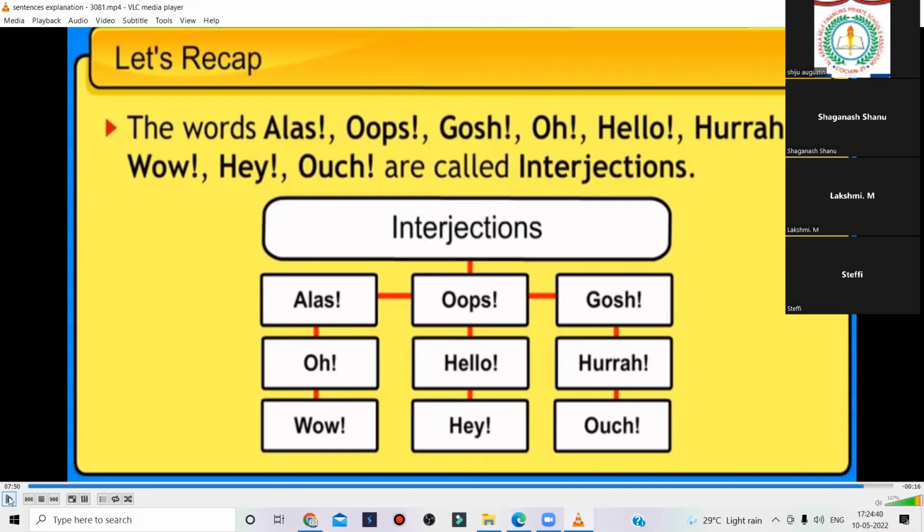The pronunciation you can study once again. You can mute your microphone or unmute your microphone, no problem. But speak aloud, say aloud together with the video. Okay, start.